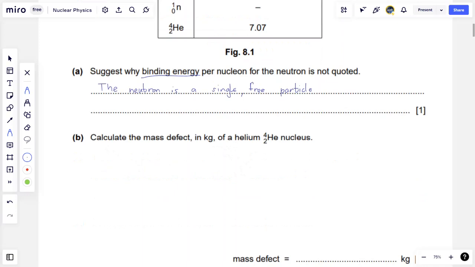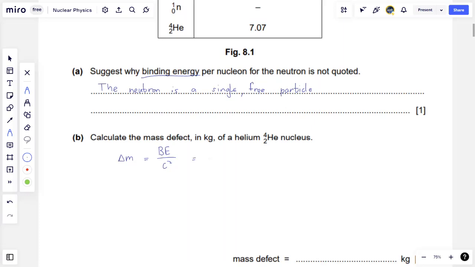Okay, so I have to find the mass defect, delta M. But I know Einstein once said that E is equal to mc squared. The mass defect is the mass equivalent of the binding energy. So I need the binding energy to be divided by c squared.